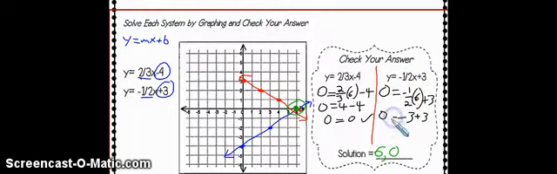So 0 equals negative 3 plus 3. Well, negative 3 plus 3 is 0. 0 equals 0. They check out. It's correct. Our solution is 6, 0 for this system. And we just used the graphing method.